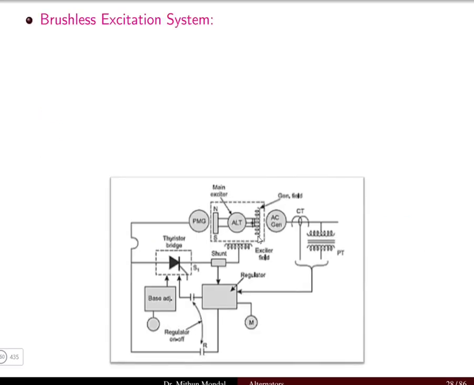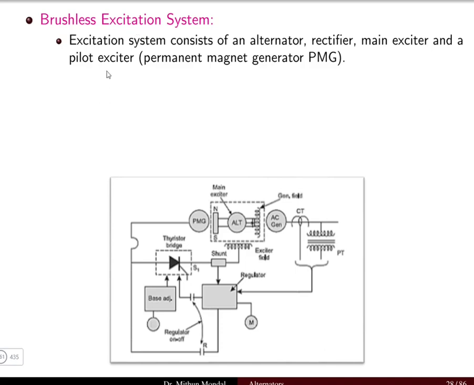The final excitation system that we are going to discuss in this lecture is the brushless excitation system. As the name suggests, in the brushless excitation system, there are an alternator, rectifier, main exciter, and a pilot exciter. The pilot exciter is known as the permanent magnet generator, PMG. So a permanent magnet generator is used as a pilot exciter.